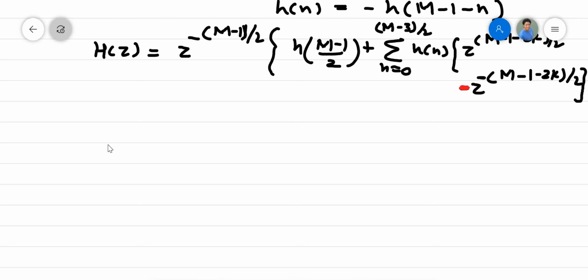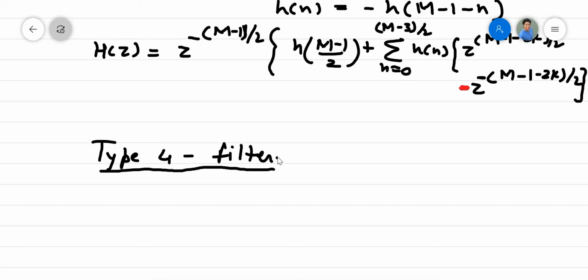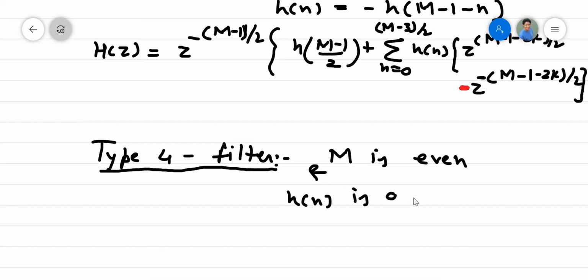Next is type 4. In this particular case, M is even and h(n) is antisymmetric in nature.